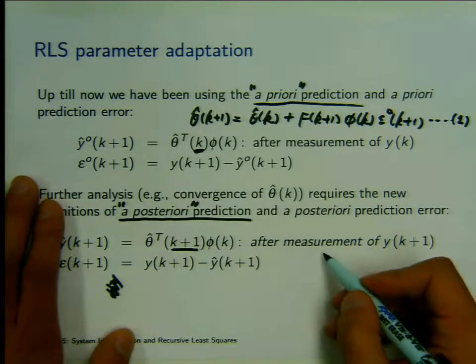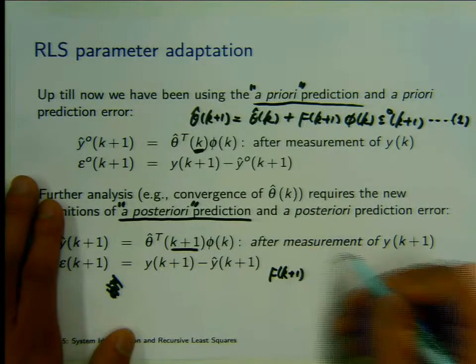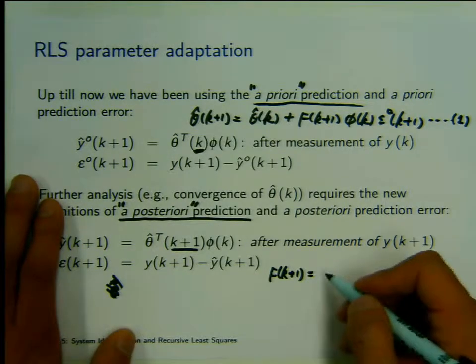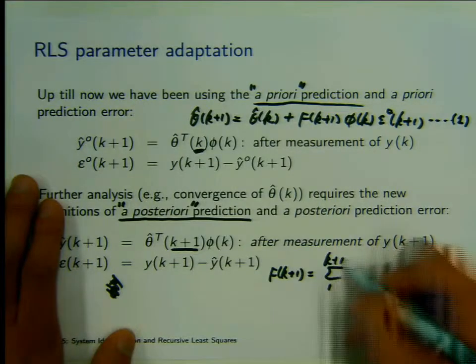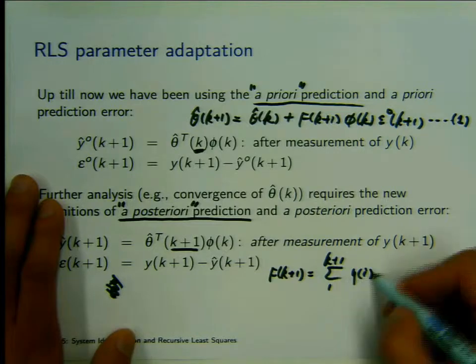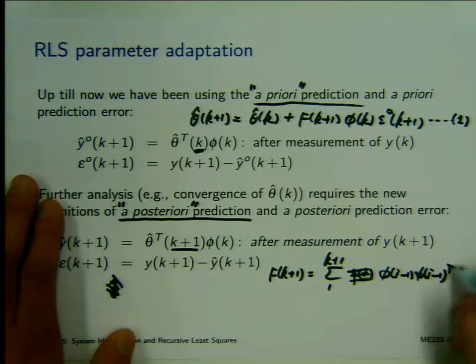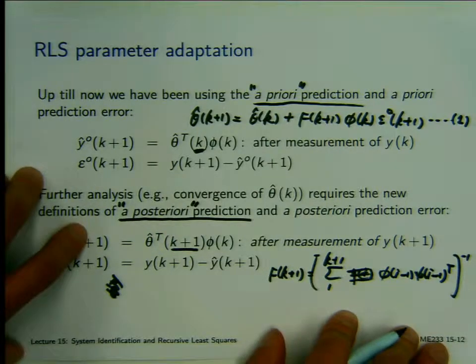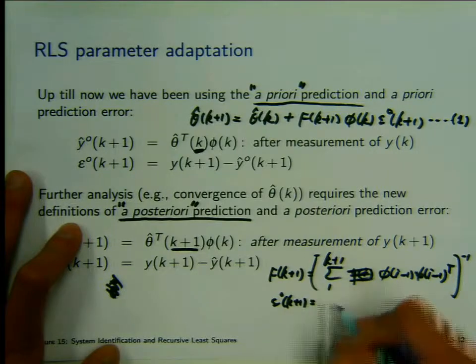And then the second one is fk plus 1 equals summation from 1 to k plus 1 of phi i minus 1, phi i minus 1 transpose, inverse, and epsilon 0 k plus 1 equals.